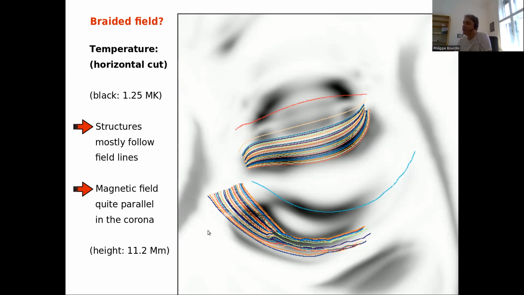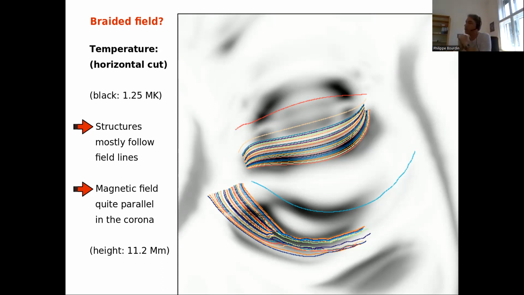And then we can discuss the small loops at the periphery, where, remember, here we enter the lower atmosphere. So that is the coronal part, and here is the chromospheric part of the field. What is very interesting is that if you look in the chromosphere, you see a lot of these field lines seem to go one over the other, right? Anytime one color crosses the other color, like for example here, that indicates that there's a lot more twist and braiding in the magnetic field at the chromospheric level.